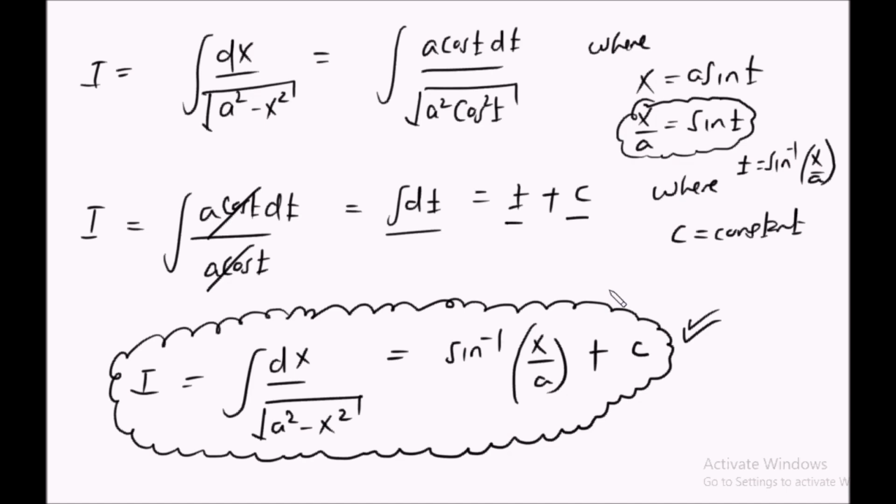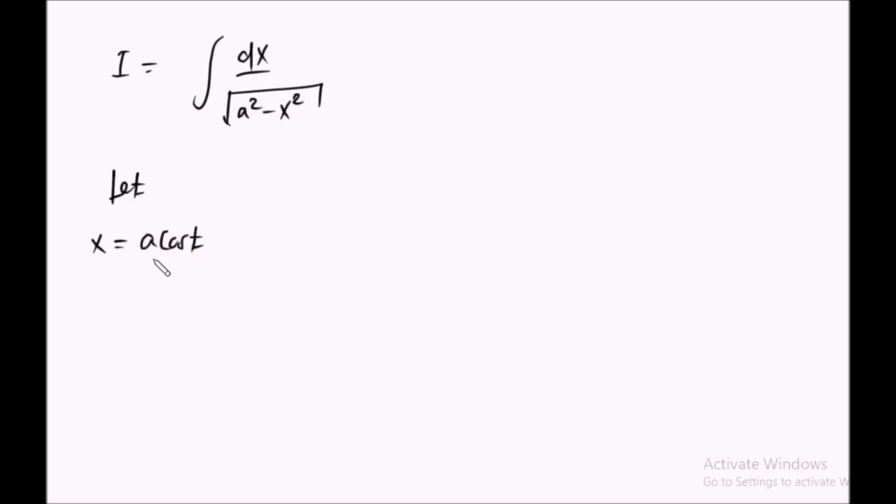But this integral now, hii hapa integral naweza ndio nikaisolve kwa substitution method, lakini this time sasa badala ya kuleta x sawa na a sin t, nitaleta x sawa na a cos t. Hata nikisema a cos t pia natembea. You can see that dx dt is just going to be equal to negative a sin t.